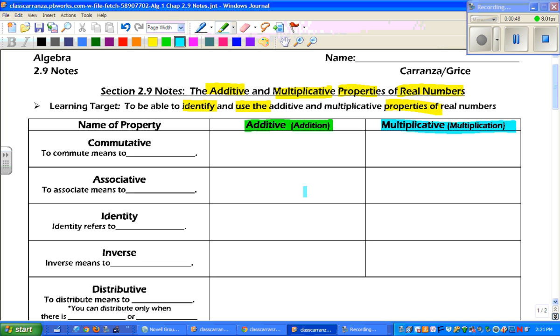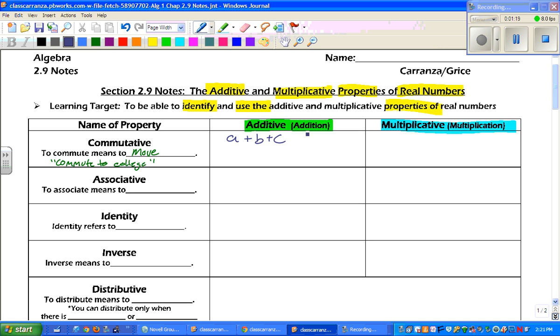The first property we're going to be talking about is the commutative property. Commute means to move. Have you ever heard anyone say that they commute to college, or they don't like the commute to work? That means that they're driving somewhere. They're moving.